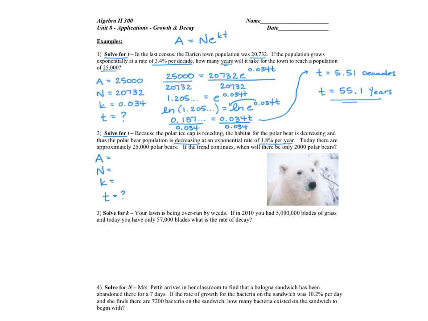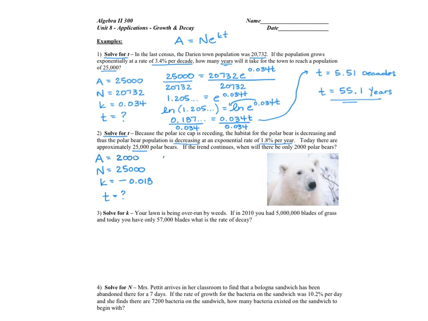So decreasing, that means that our k value is going to be negative, and again, needs to be as a decimal. Today there are approximately 25,000 polar bears, so that's where we're starting. And if the trend continues, when will there be only 2,000 polar bears left?